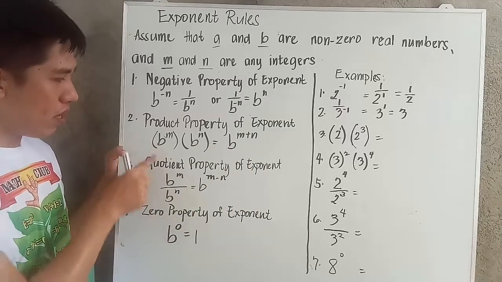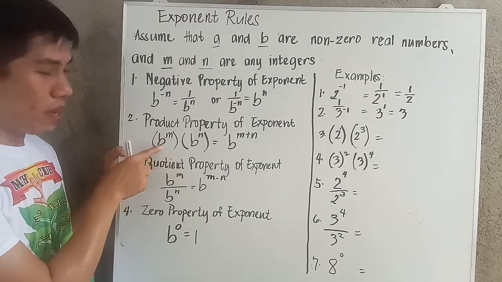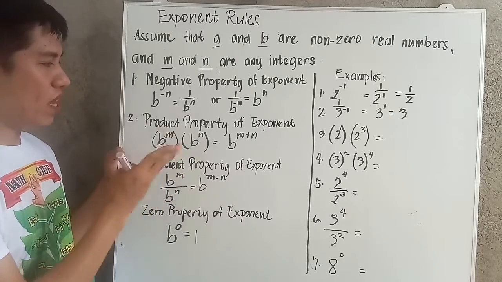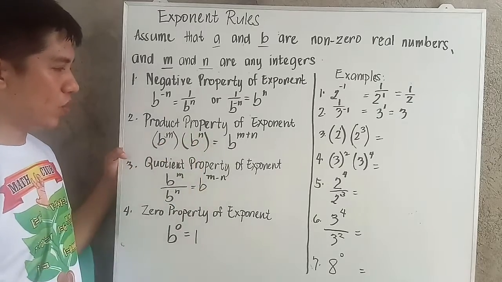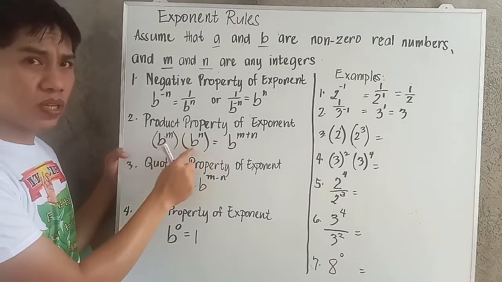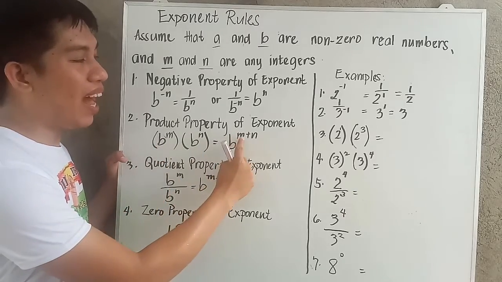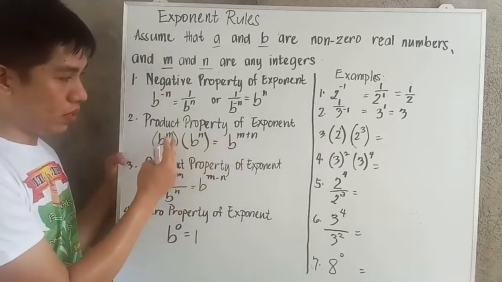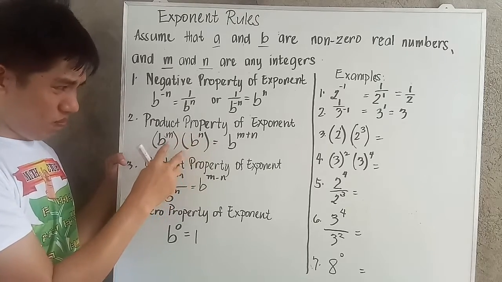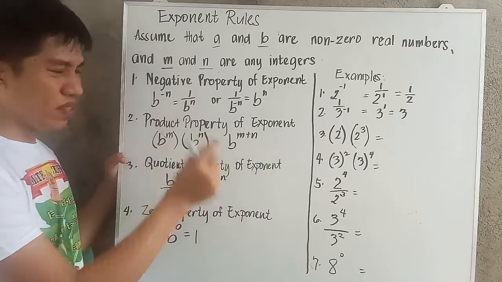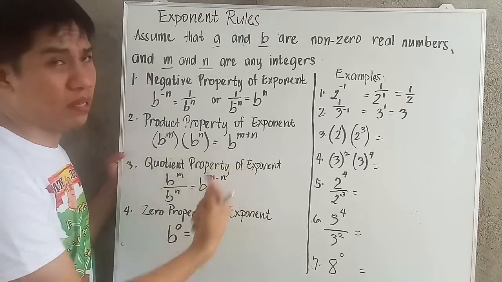This is the base, b and b, then we have the exponents m and n. If the bases are the same, all we have to do is add the 2 exponents. To multiply these numbers, we just add the exponents first, then simplify.